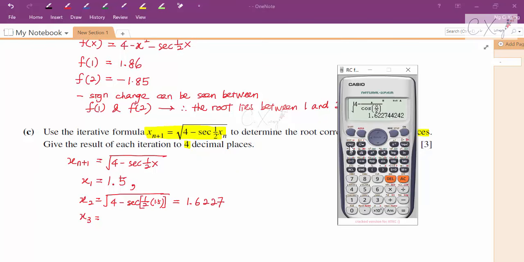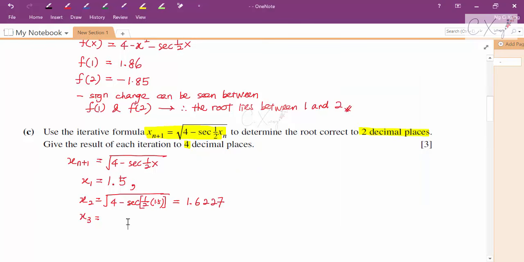Therefore, I just press calculate again. Then they will ask us what's the value of x that we want to key in now. So the value that we want to key in now for x is 1.6227. I'll type in 1.6227 and press the equal sign. So the next iteration value will be 1.5961.